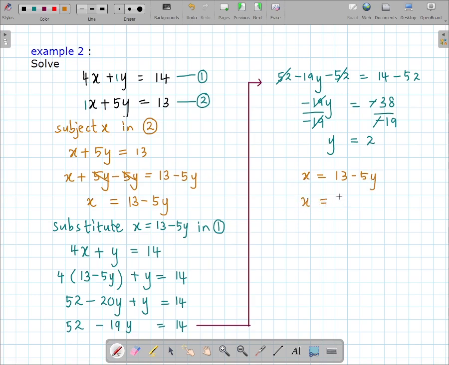X equals 13 minus 5 times 2, that is 10. 13 minus 10, that is 3. So final answer is x equals 3, y equals 2.